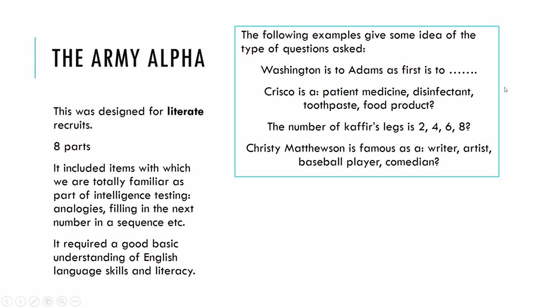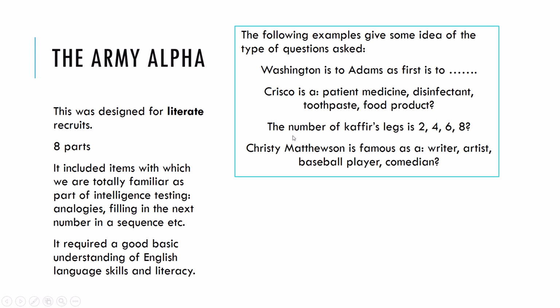Washington is to Adams as first is to blank. So that's about American presidents. Crisco is a patient medicine, disinfectant, toothpaste, food product. Crisco is a food product that's commonly sold in America.